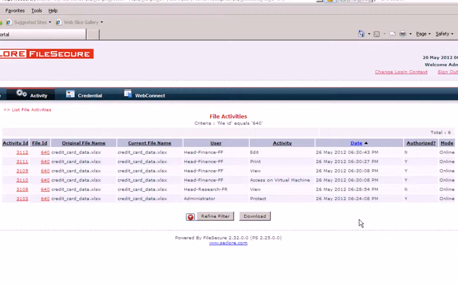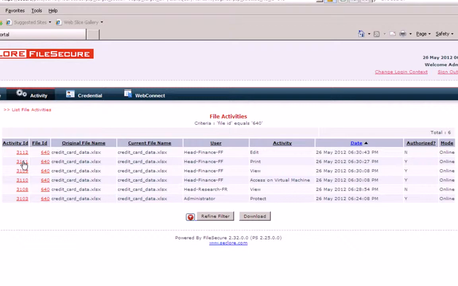Similarly, the head of the finance department tried to view the document. He also tried to print the document and also tried to edit the document. However, viewing was allowed, printing was allowed, but editing of the document was not allowed. It also gives you the date and time when this action was performed.